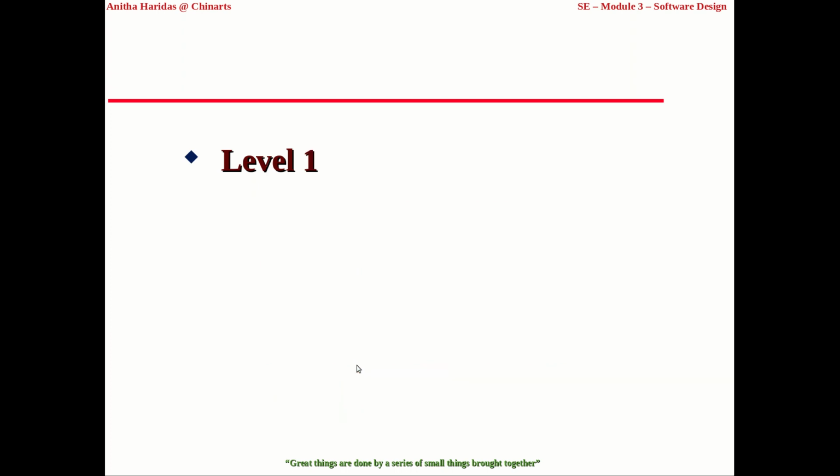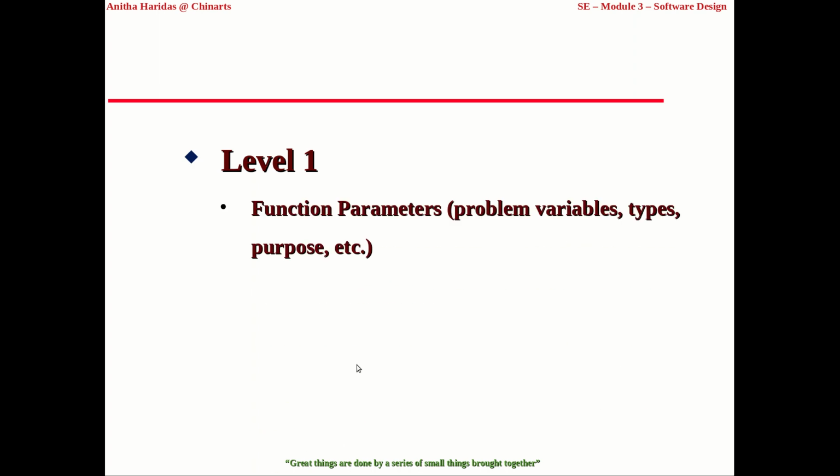Then in level 1, we will have the function parameters. For the function you specified in the previous level, that is level 0, what are the parameters, what are the problem variables, what are the different types, and what is the purpose of each and every variable can be specified here.